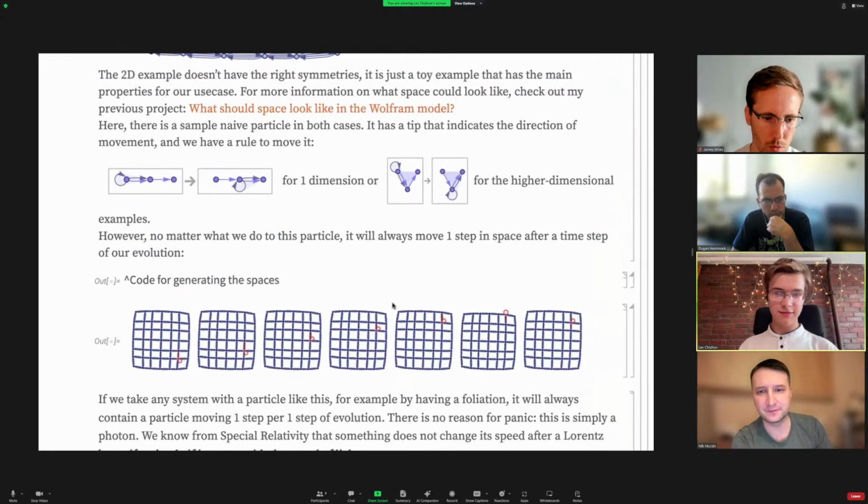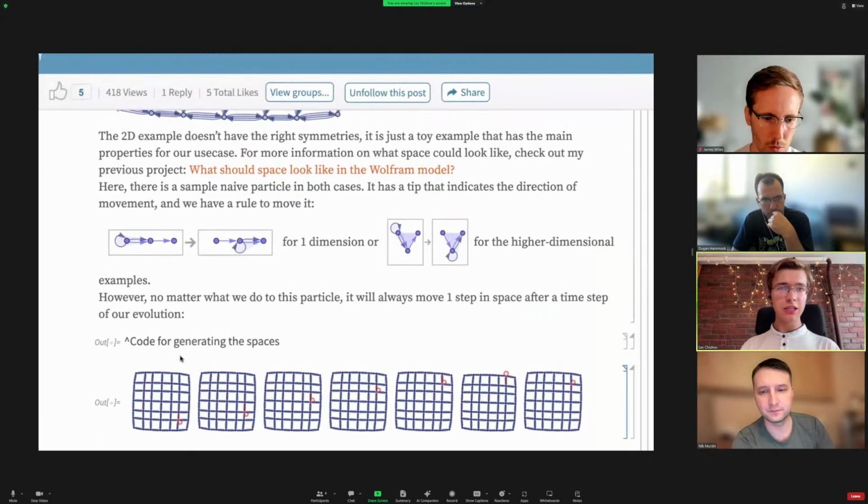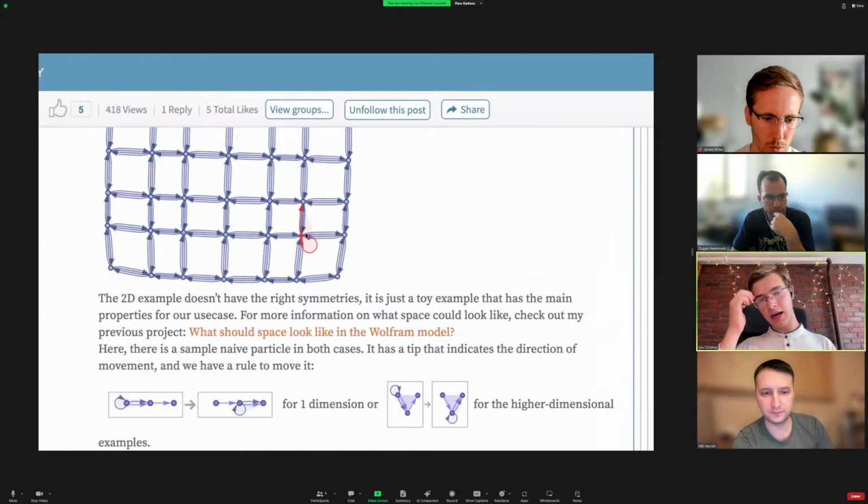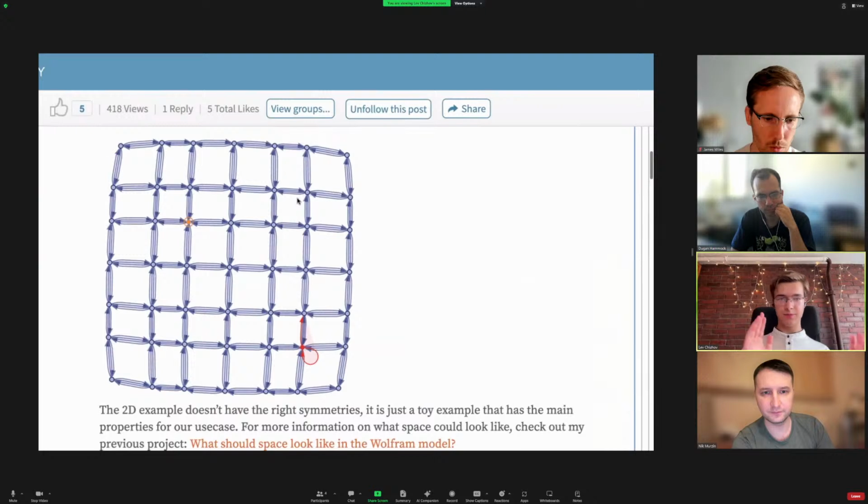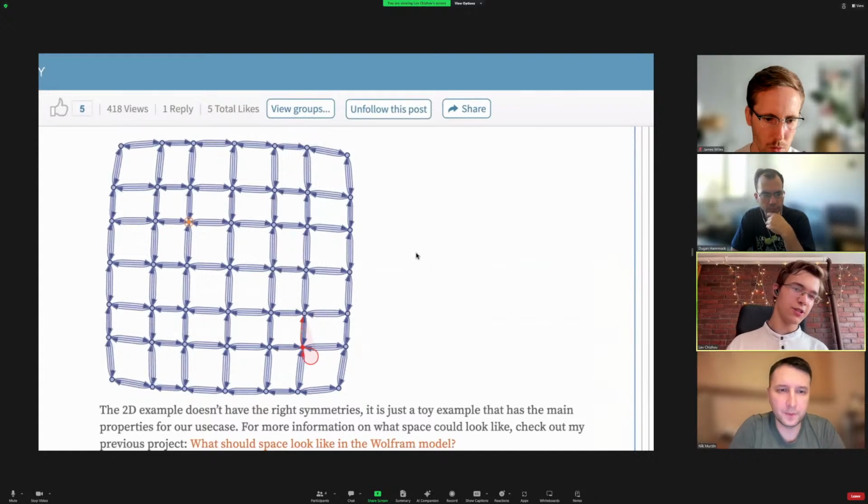So again, the particle is what's highlighted here in red, and it's this little subgraph. We can see that the space is this basic grid, and if there's nothing overlaid on top of that space, then it's just a simple two-dimensional space. But that's not very interesting. We want something more convoluted, and for that we add a particle.